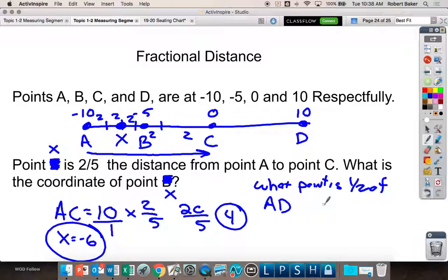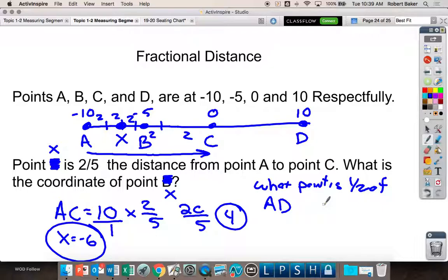C. Y'all see that C is halfway between it? So if you do this the long nasty way, from A to D is 20. What's half of 20? 10. So you go from A, you go 10 over, you wind up at C. Where it gets a little weird is when you have to figure out where that point is.